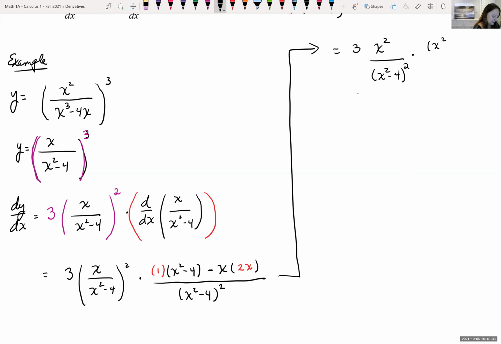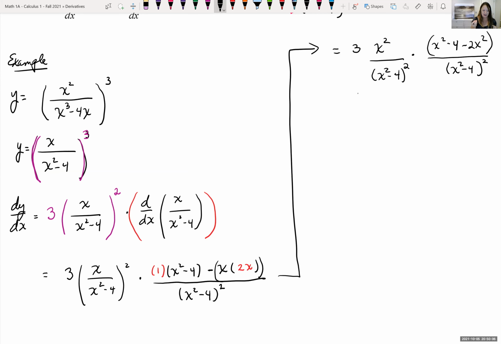I guess I don't need the parentheses. And then this minus x times 2x right here, this is minus 2x squared, all over x squared minus 4 quantity squared.